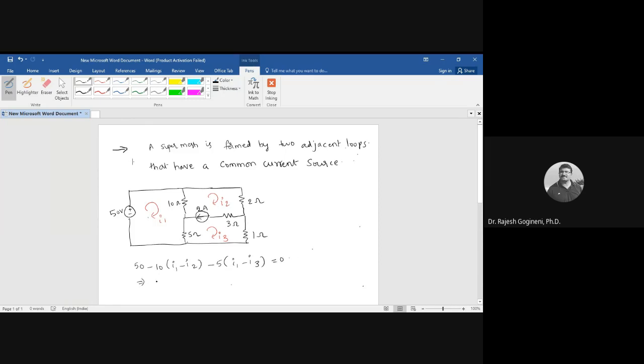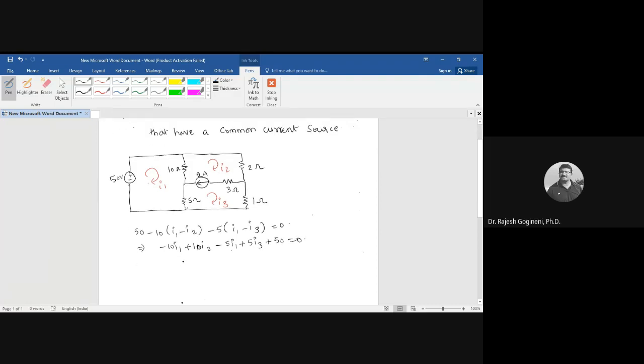Simplify this one: minus 10 I1 plus 10 I2 minus 5 I1 plus 5 I3 plus 50 is equal to 0.